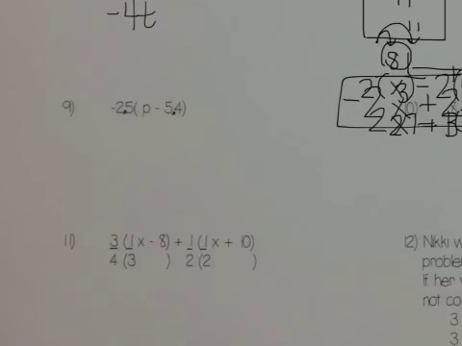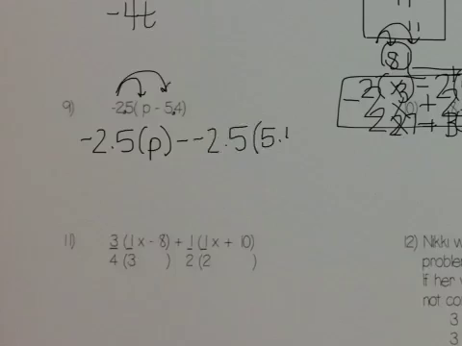With number 9, we have to distribute, so we're doing negative 2.5 times p. Then we have a minus sign, and we're going to do negative 2.5 times 5.4. Negative 2.5 times p is negative 2.5p. We keep it, change it, flip it, so now we're doing 2.5 times 5.4. 4 times 5 is 20. 8, 10.